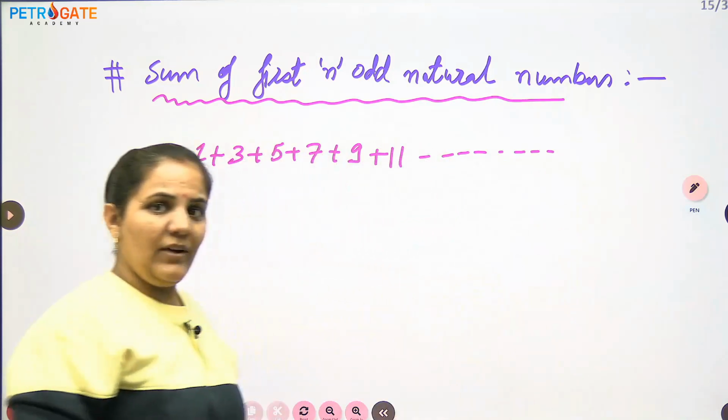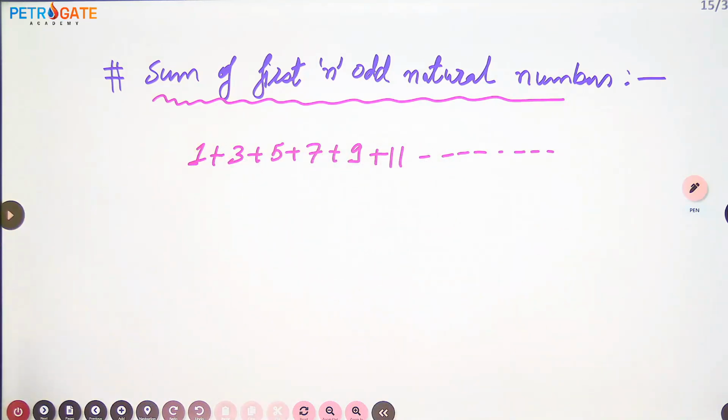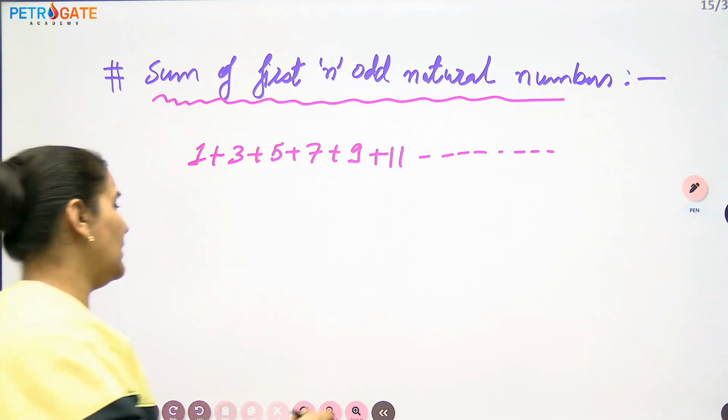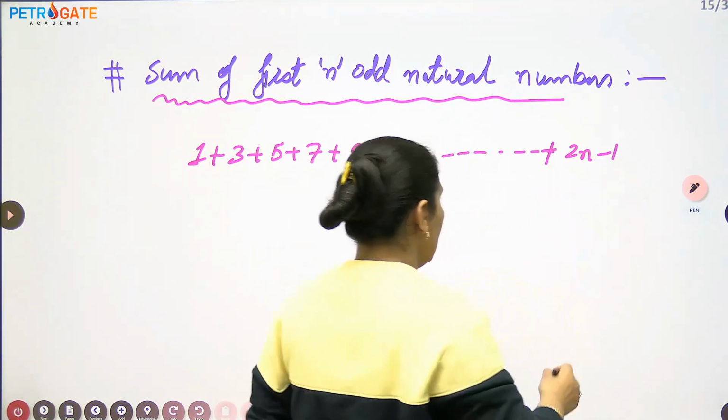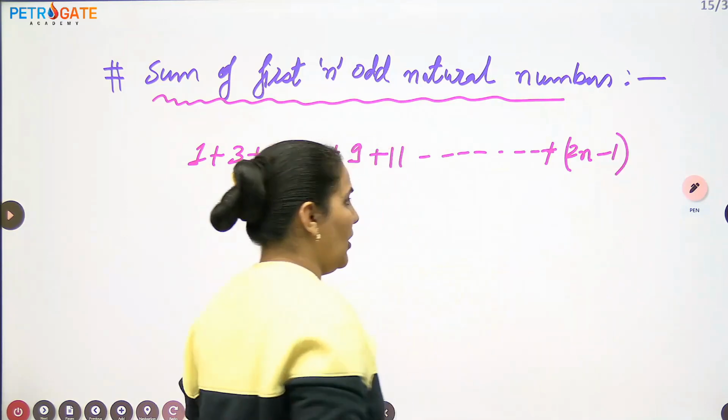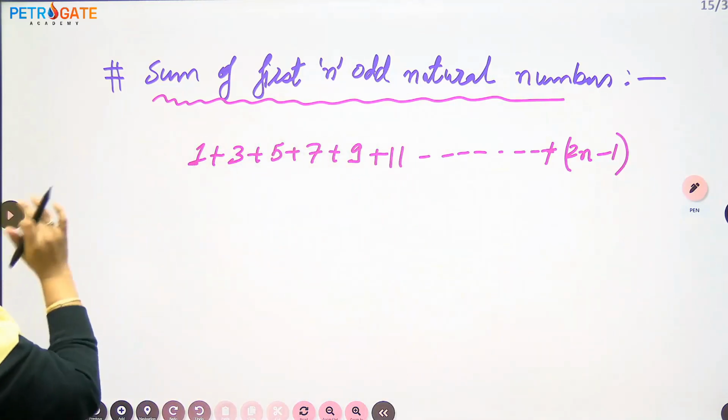Now we have to prove this formula, so we have to find out the formula. Write down the last term also: it is 2n minus 1. If we have to prove this, how will we deal with it?